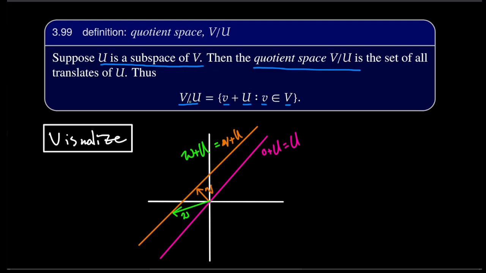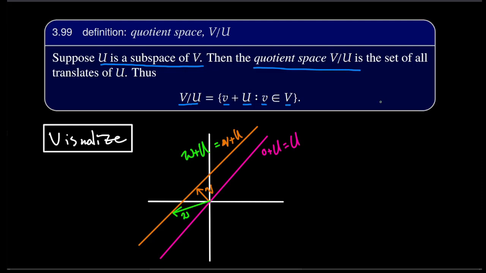In some sense, you can start to see that there are fewer things in this quotient space than there were in the original vector space, provided that U is not a trivial subspace. After all, if U is just the 0 vector, then v plus 0 is just v, right? So let's do a little bit more at this. Let's define the addition.